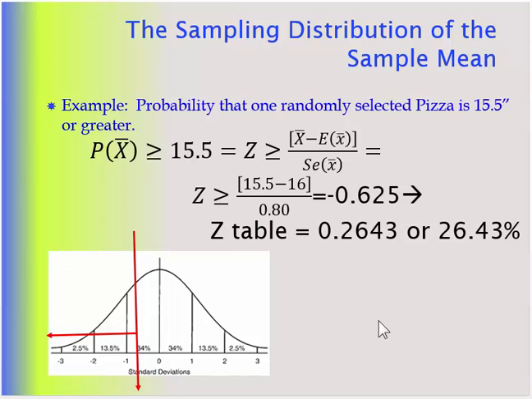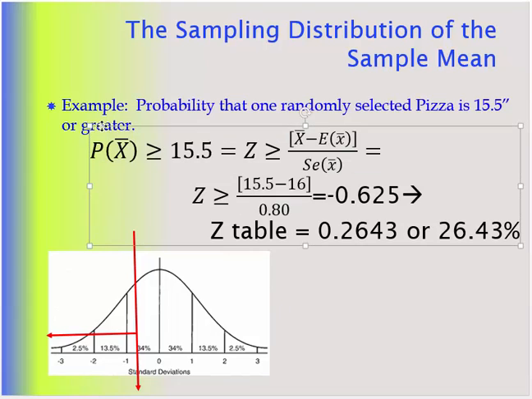So it does make some sense. Had the question been, what is the probability that one randomly selected pizza is 15.5 inches or greater, then the answer is going to be 1 minus this, or about 75%, because now we're interested in the red line moving forward. So it depends on how the question is asked.